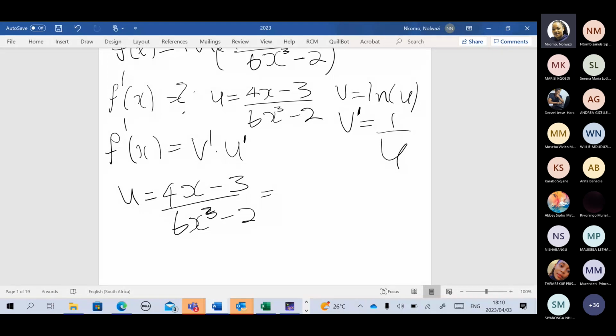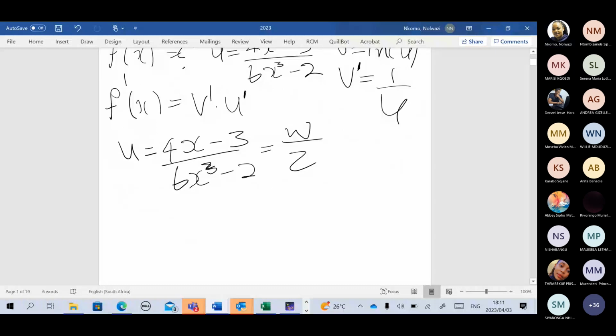I'll let the upper function be w, and the lower function be z. So w equals 4x minus 3, and z equals 6x cubed minus 2.